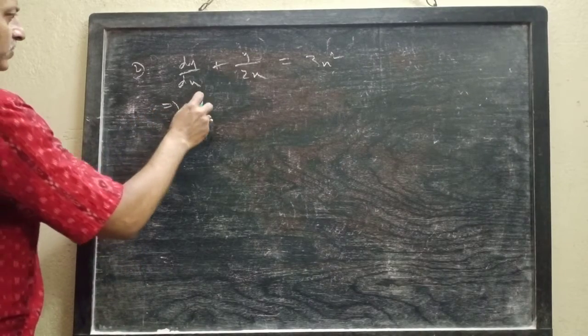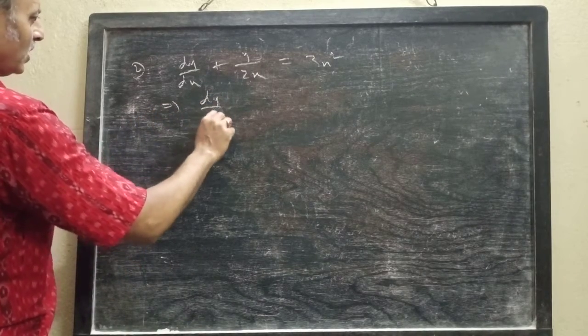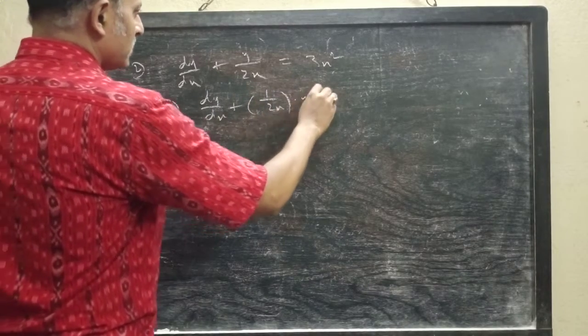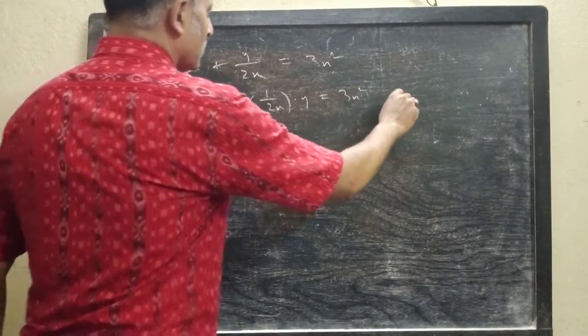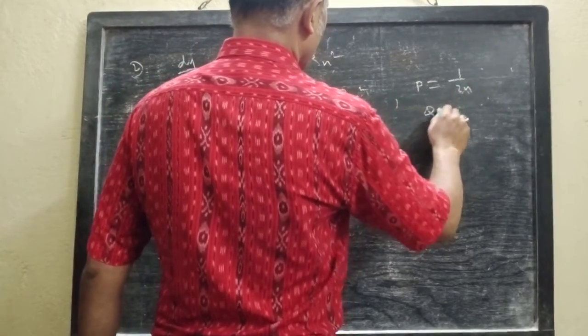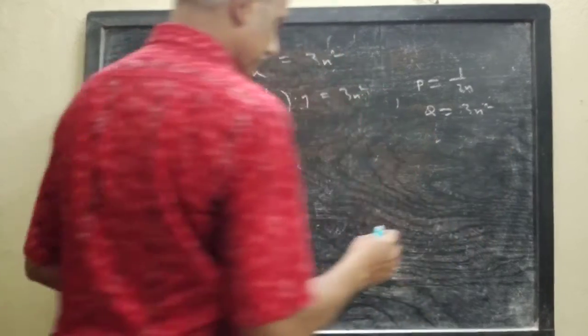Write this first in the standard form, dy/dx plus 1 by 2x into y equals 3x square. Look here, P is 1 by 2x, Q is 3x square.